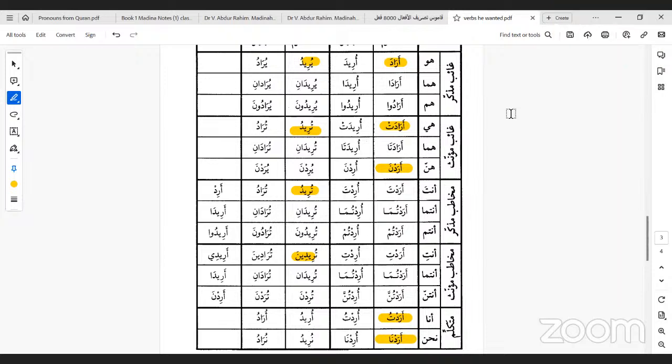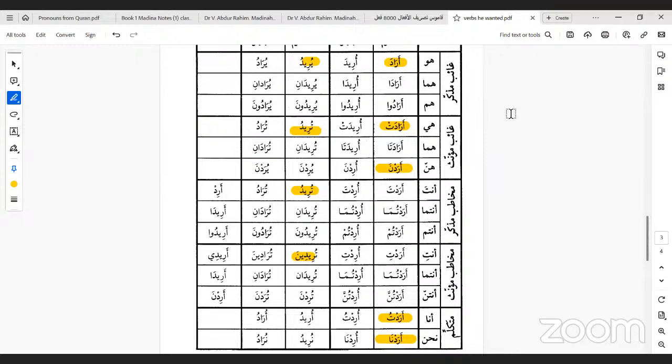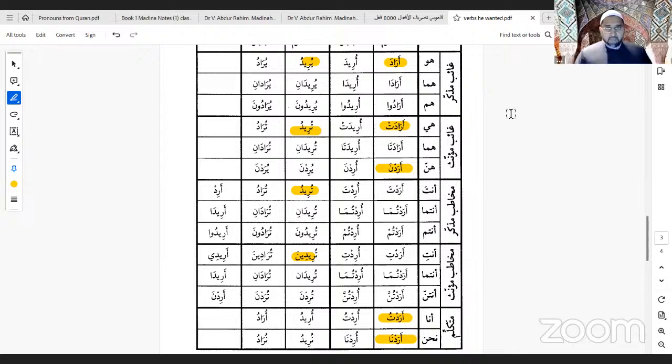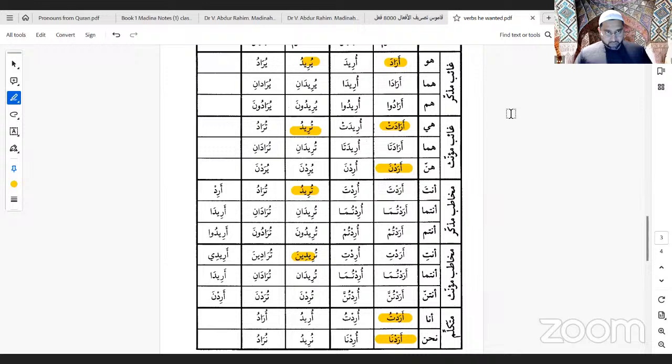Aqama. Yes. Okay. Huwa aqama. Correct. Huma aqama. Correct. Hum aqamu. Excellent. Hiya aqamat. Yep. Huma aqamata. Excellent. Hunna aqamna. Excellent.